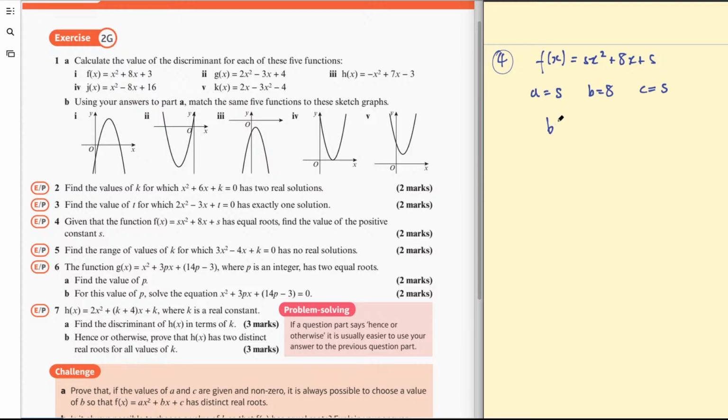So the discriminant, b squared take 4ac, equal roots, this is equal to 0. So now plugging these in, b is 8, so 8 squared is 64, take 4 times s times s. And actually I could write that as s squared, couldn't I? So s times s is s squared.